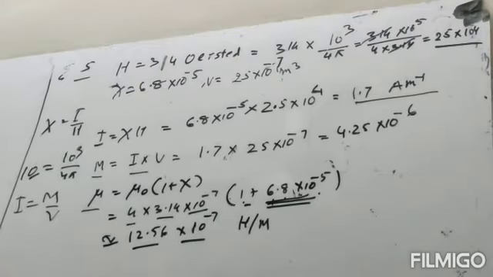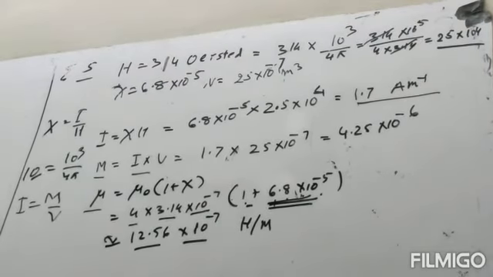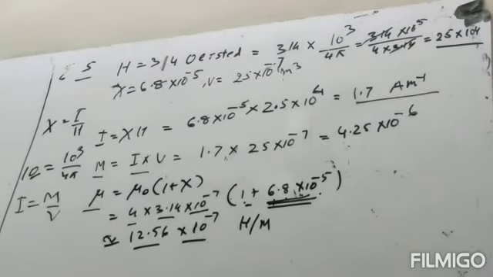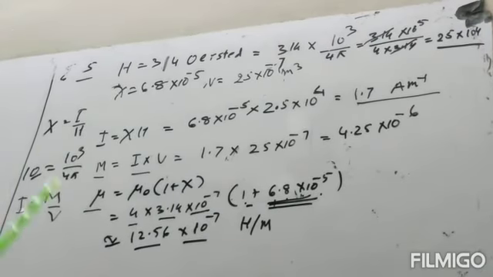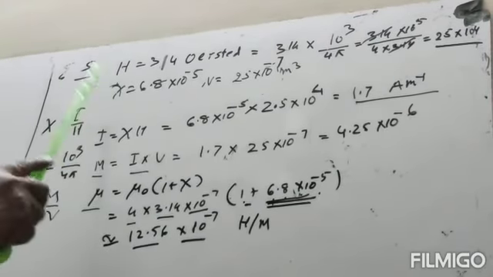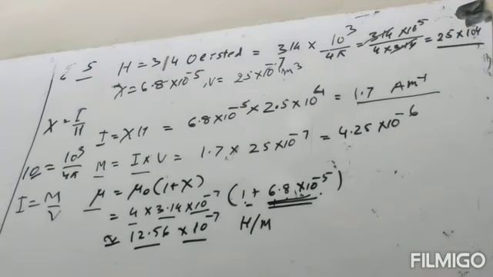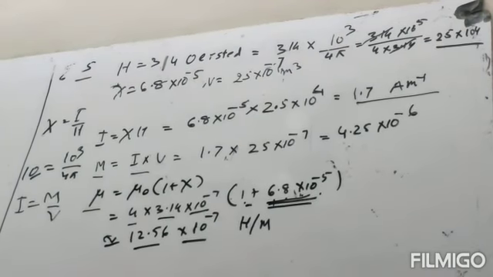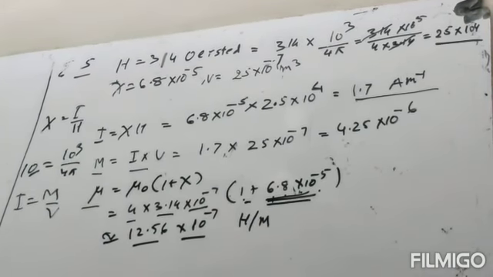So in this way we can find the value of I, M and B when H, chi and V are given. So this is the last topic of this chapter.